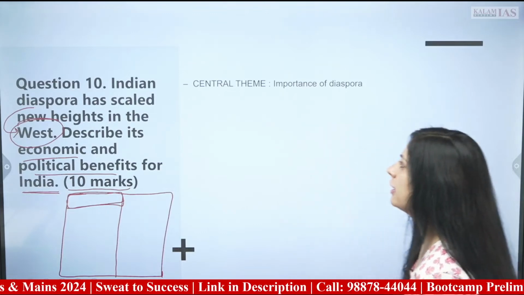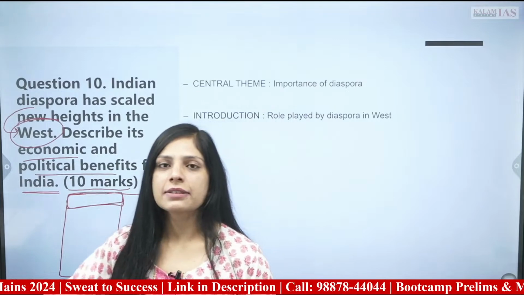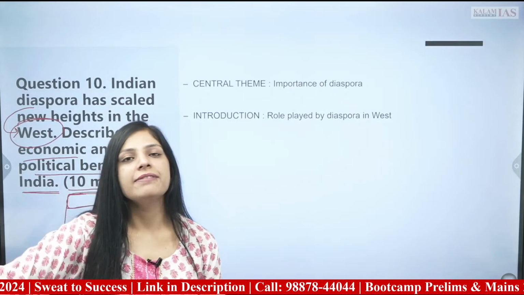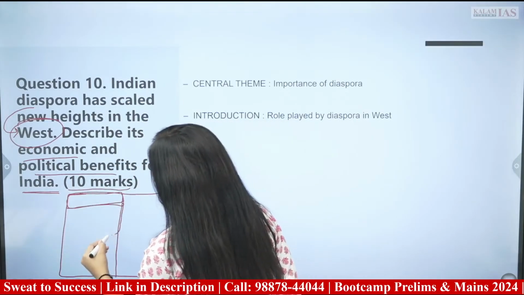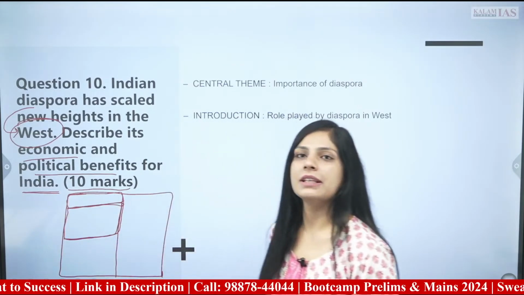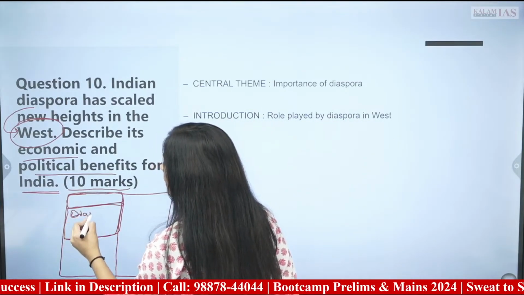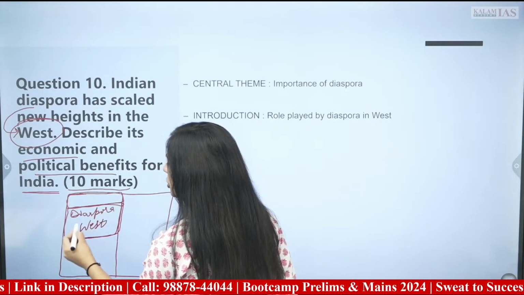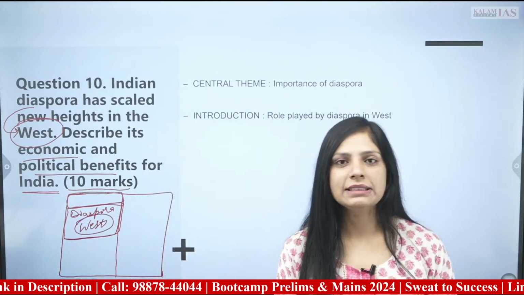So in the introduction, we can look at the role played by diaspora in the West. What is the importance of diaspora in Western countries, right? So we can introduce it here. This can be used for introduction, right? We can give some fact about diaspora and then highlight that we have understood that the question is focusing on the West only, right?